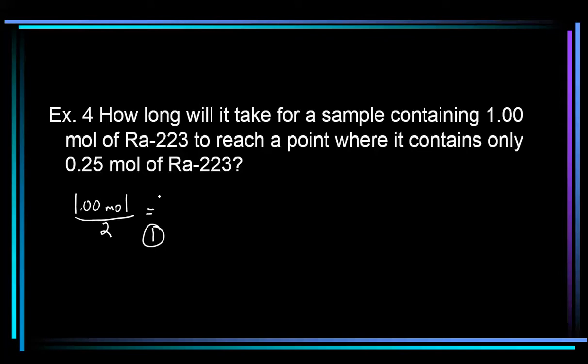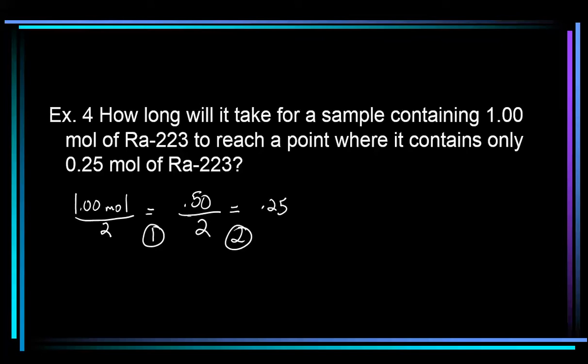How much is left after 1 half-life? Is 0.50 moles our goal? No. So let another half-life go by. This is the second half-life. How much do you have left? 0.25.